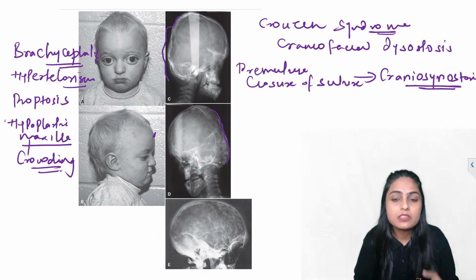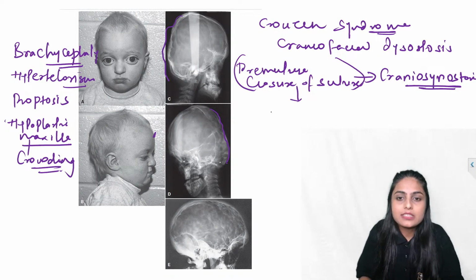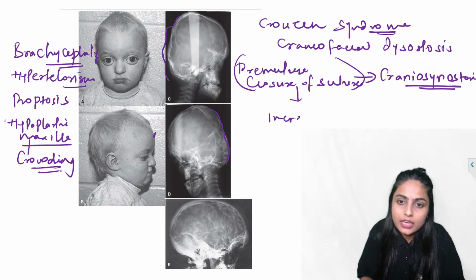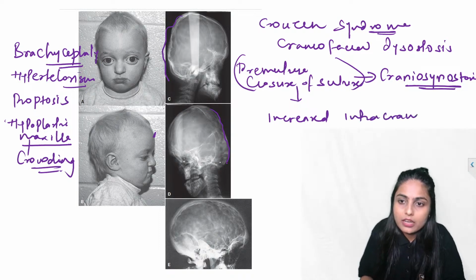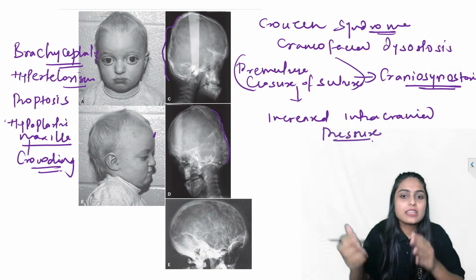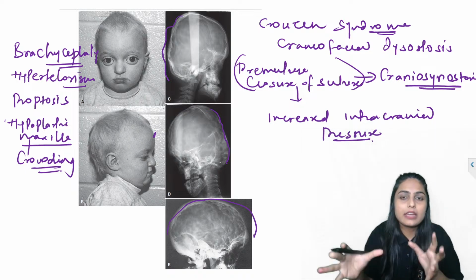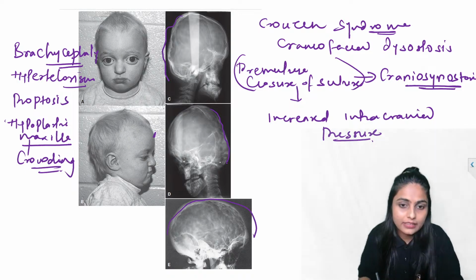And what happens due to premature closure of suture? There is an increased intracranial pressure, and due to increased intracranial pressure, the shape of the skull becomes like this. The appearance of this skull radiograph is like this.